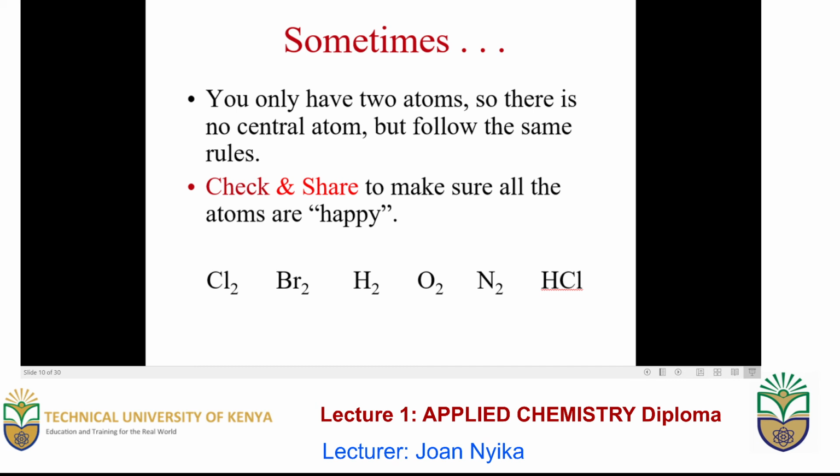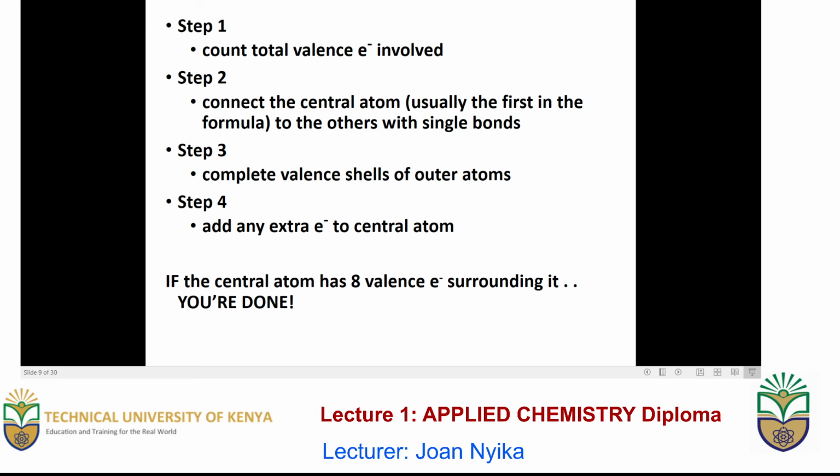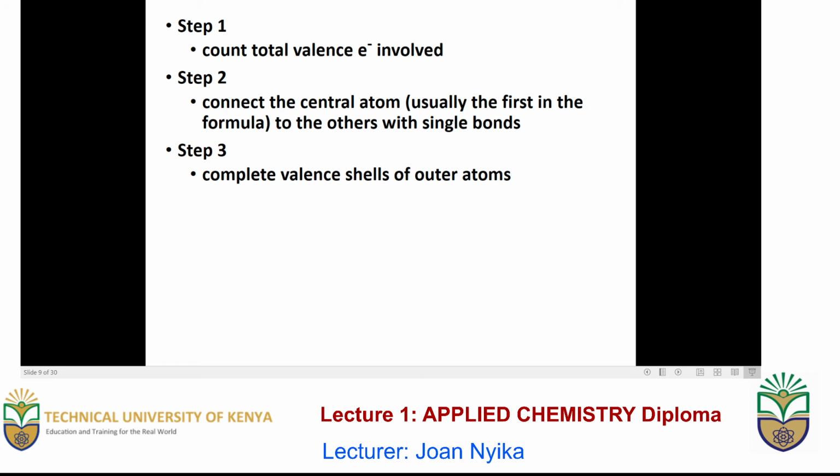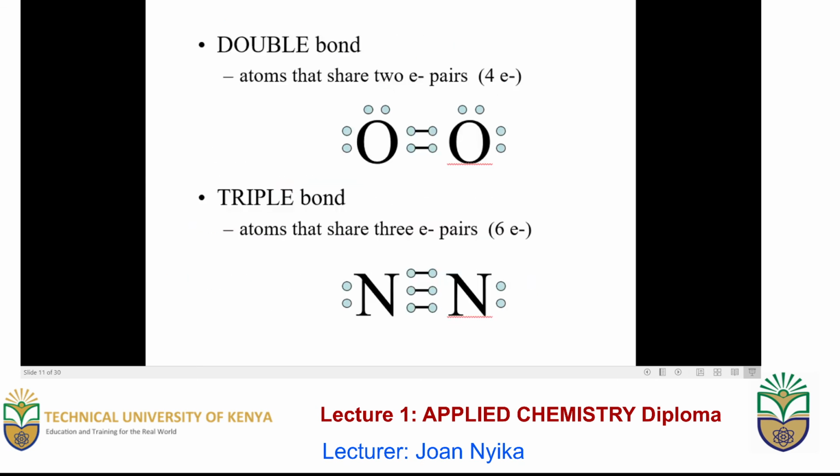The same case applies for bromine gas, hydrogen gas, oxygen gas, nitrogen gas, and hydrogen chloride. The steps are still the same as what we had discussed in the previous case.